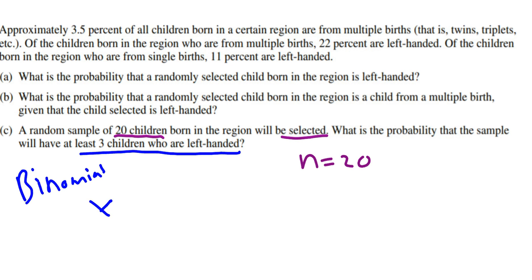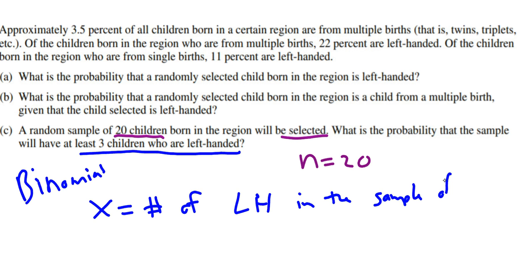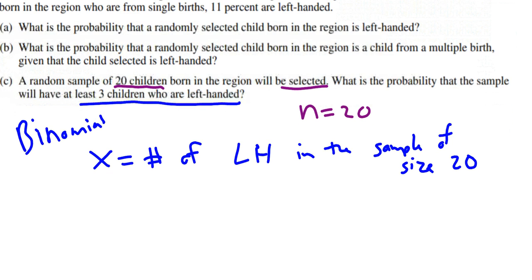I'm going to let x be the number of left-handed people in the sample of size 20. And what we really want is the probability that x is at least 3.